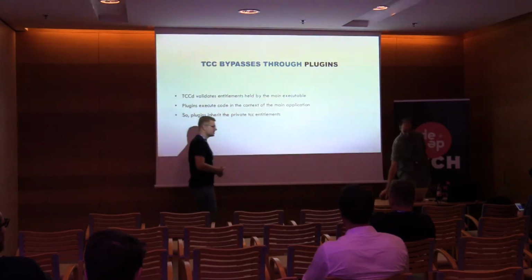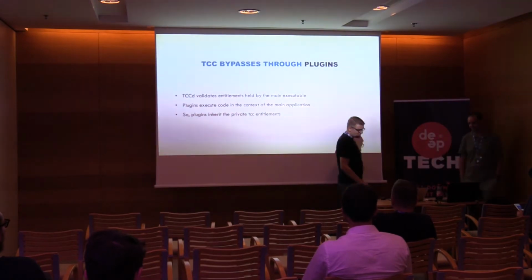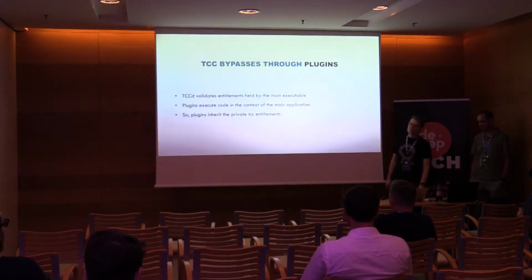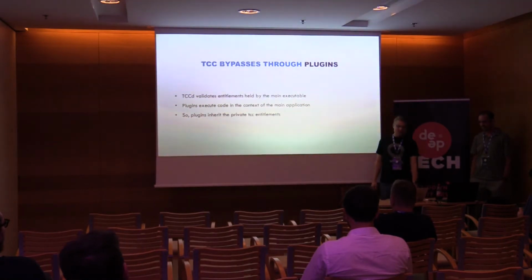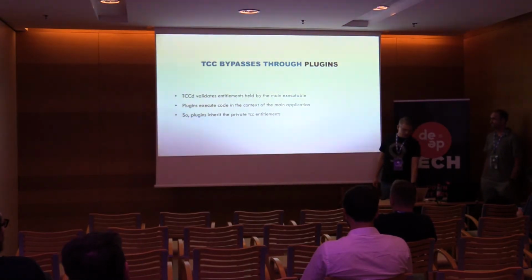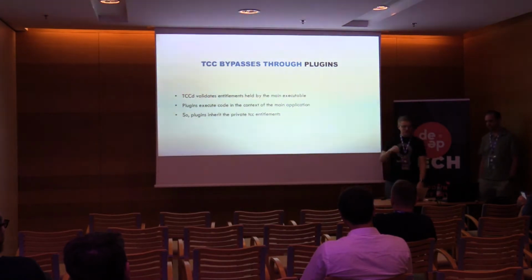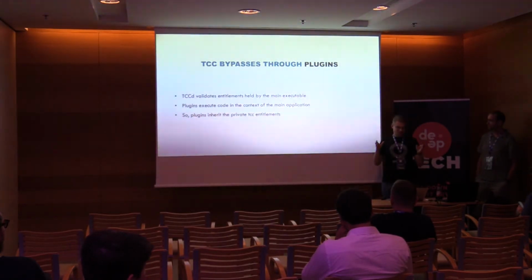Yeah, so now when you know how the TCC works, let's start to talk about the first category of vulnerabilities, that is TCC bypasses through plugins. So the main problem with TCC is that the code signing requirement that you saw in the database is only about the main executable.